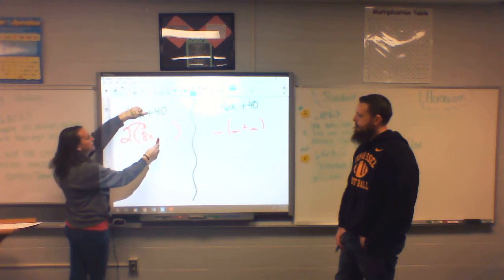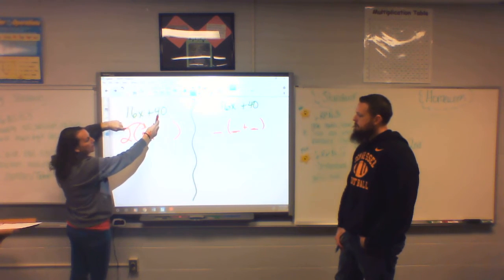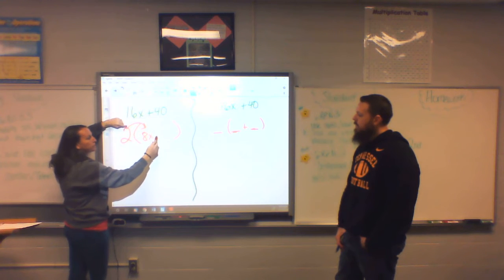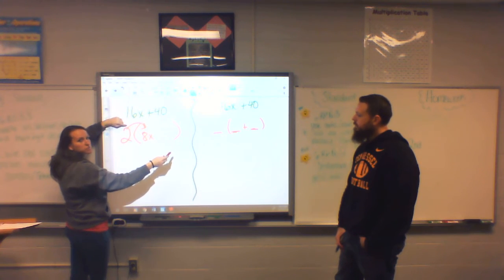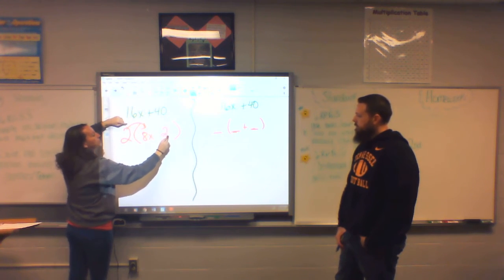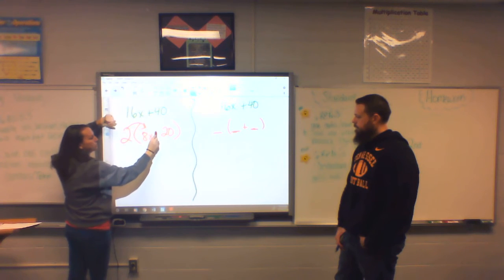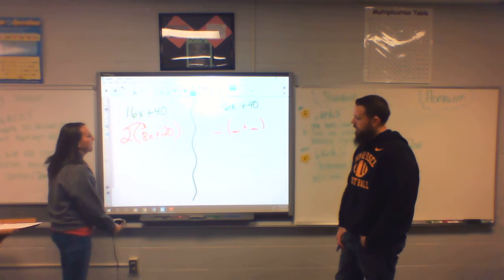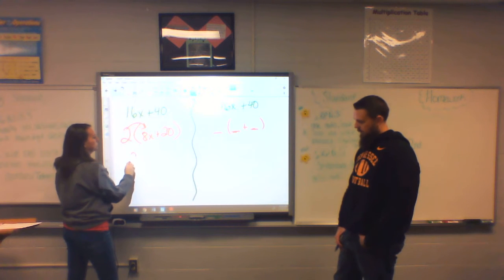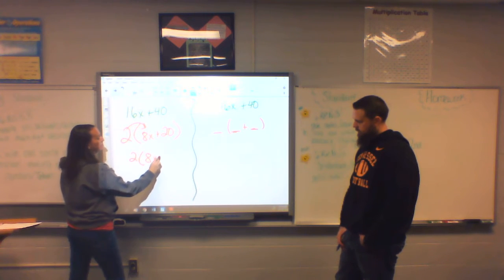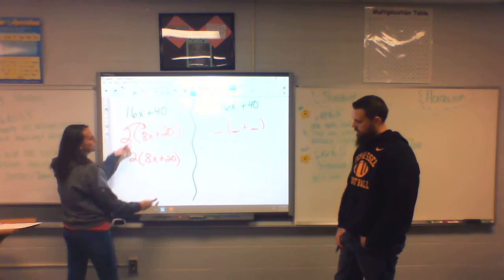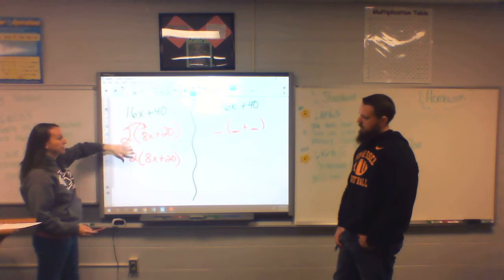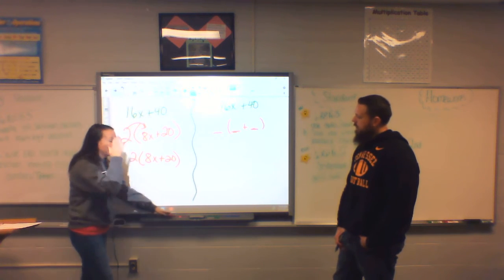Now, I've got 2 on the outside, so I need to get 40. So 2 times what gives me 40? And I know that is 20. And you're only dealing with positives here, so my answer would be 2 times (8x plus 20), which is equivalent to 16x plus 40. Okay, so that's what I saw.